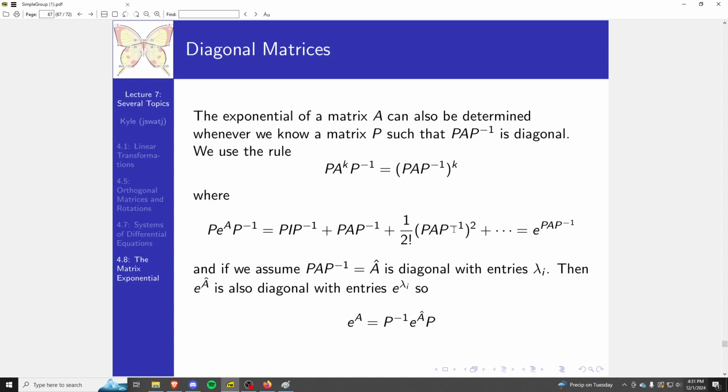The exponential of a matrix can be determined whenever we know a matrix P such that PAP inverse is diagonal. And we can use this power rule by canceling out all the P and P inverses. The same kind of thing can be applied if we use e to the A, the big Taylor series sum that we saw before. A lot of the terms end up canceling out, and we get e to the PAP inverse.